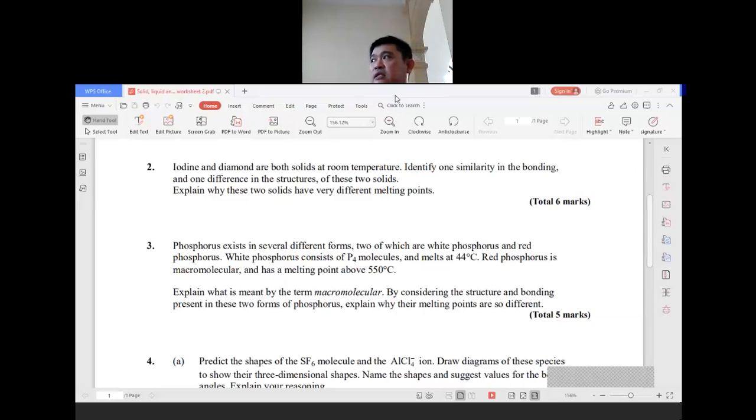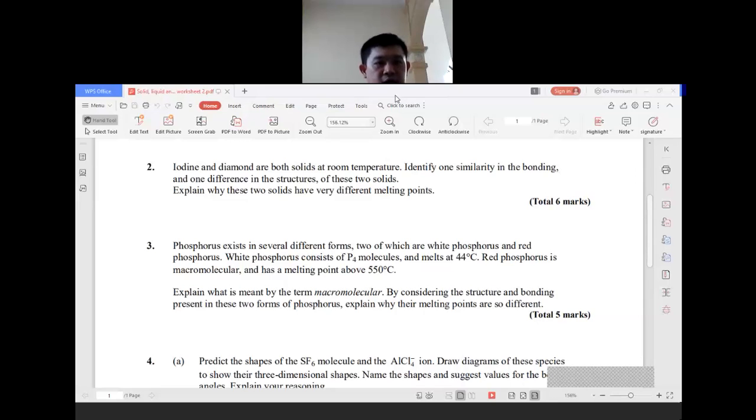How come it is simple molecular structure? Because the white phosphorus has melting point below 100 degrees Celsius.